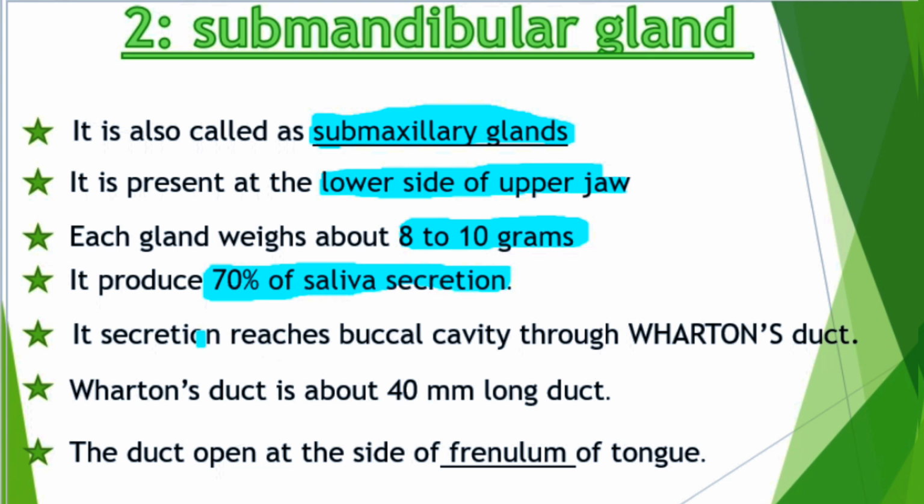The next point is about the name of the duct. Its secretion reaches the buccal cavity through a duct. This duct is called the Wharton duct. You have to remember the name of the specialized duct: in the case of the parotid gland, the Stenson duct is present, while in the case of the submandibular gland, the Wharton duct is present, through which the secretion moves into the buccal cavity.